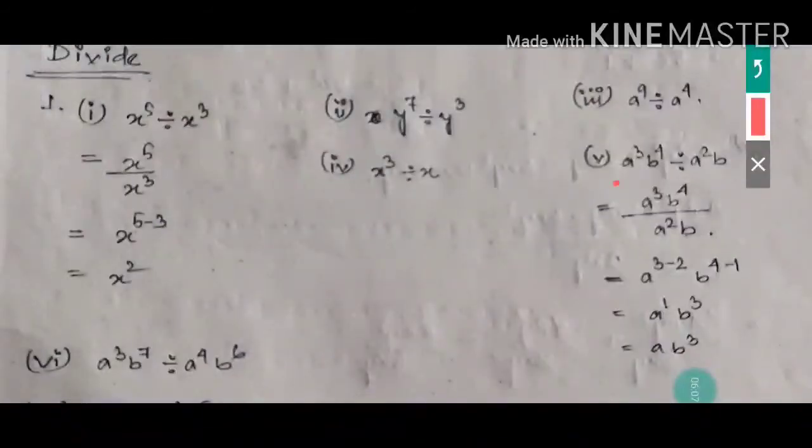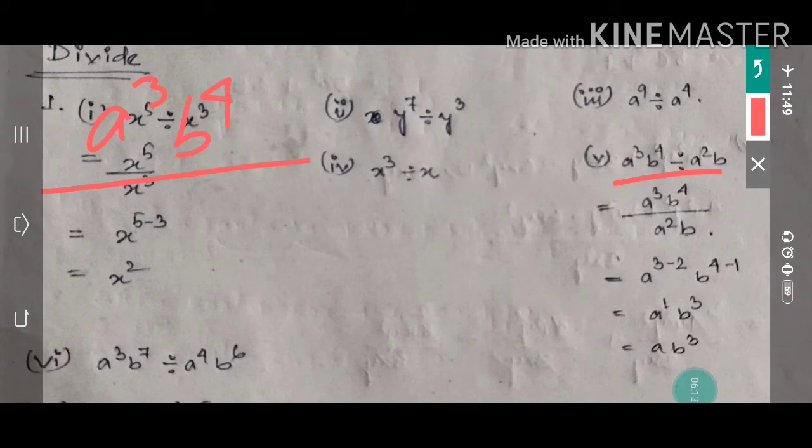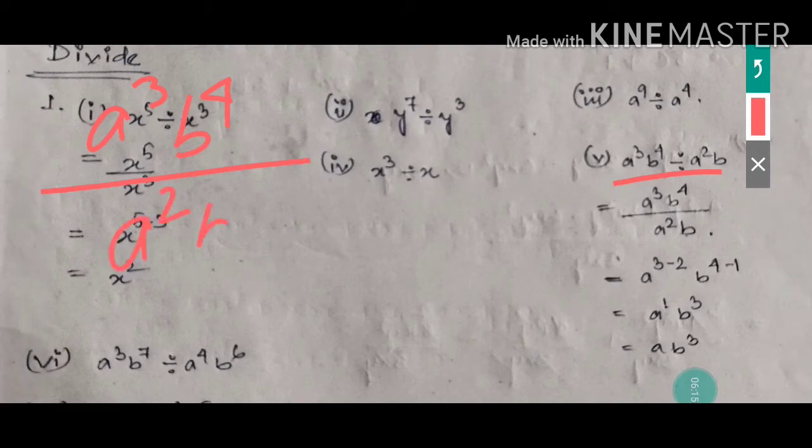See question number 5. It is given a cube b power 4 divided by a square b. So multiplication is given here, here also multiplication. Now see, since multiplication is there, I can split the term. If plus was given, then we cannot write a cube minus a square.